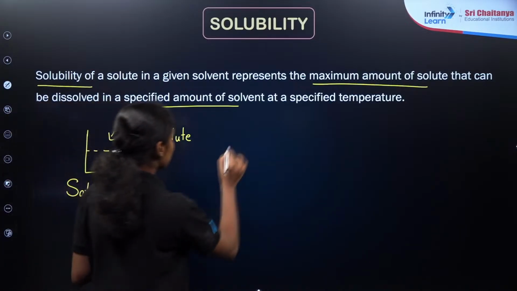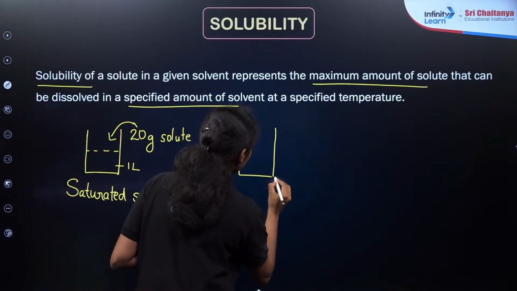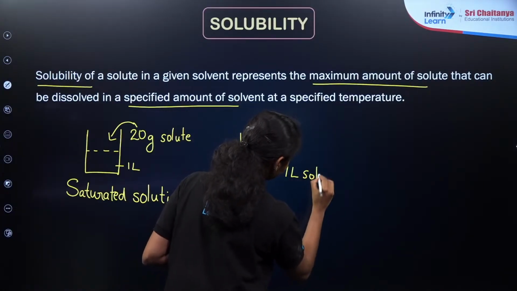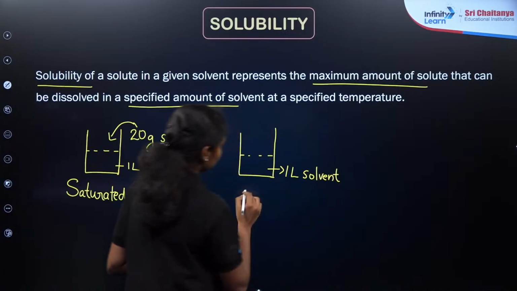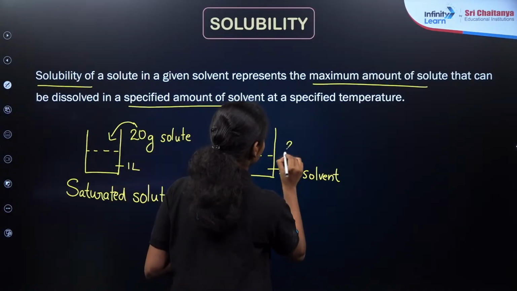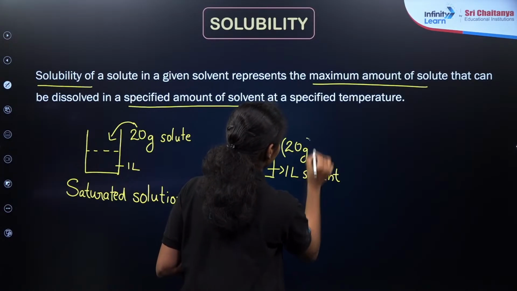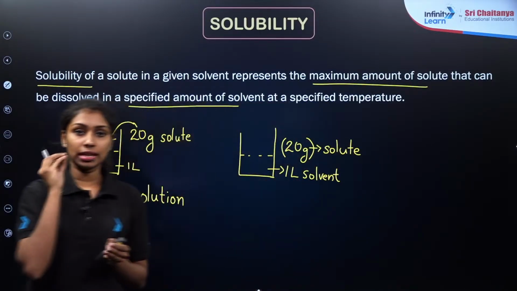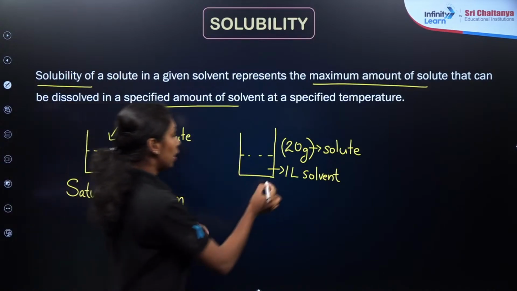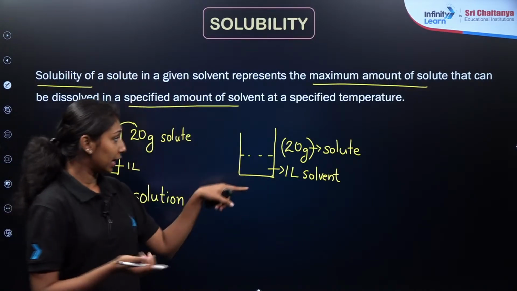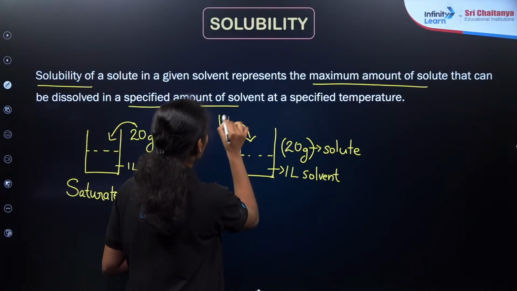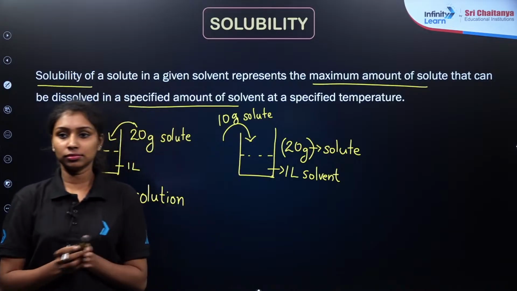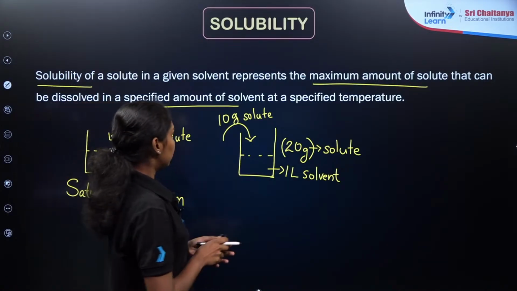Similarly, if I am taking the same solution with the capacity of 1 liter of solvent. Let's say 20 gram of solute is the maximum capacity of this solution, right? If I am adding only 10 gram of solute here, what will happen? 10 gram is remaining here, right?